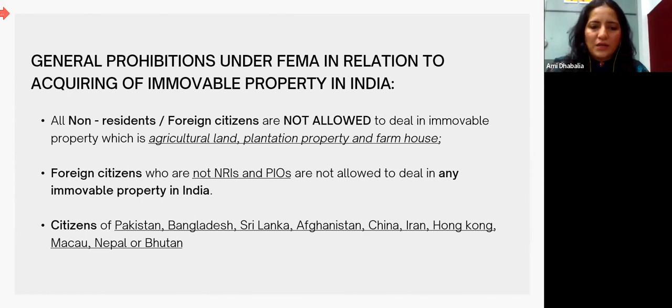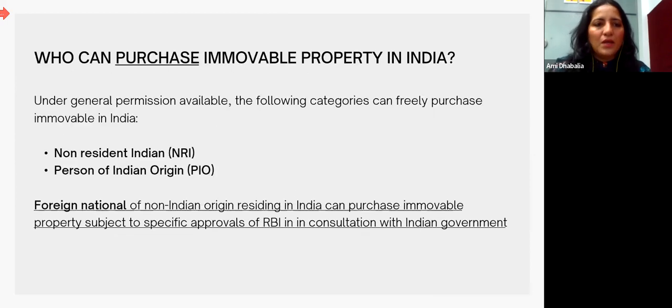Citizens of certain countries, irrespective of whether they are citizen, non-citizen, or resident, whatever the status, cannot purchase or sell property in India. Who can purchase immovable property in India? Under general permission available, the following categories can freely purchase immovable property in India. One is the non-resident Indian, and second is a person of Indian origin.